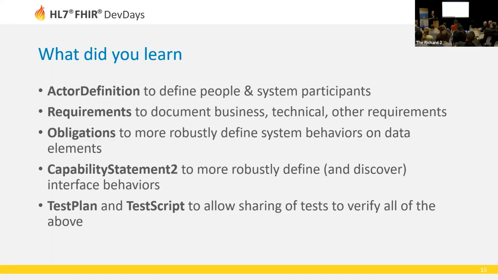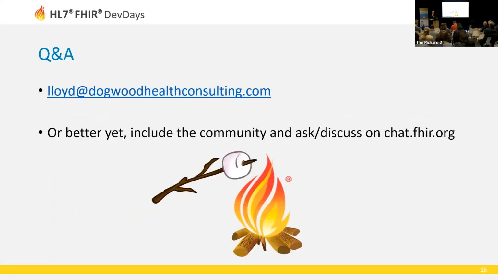Obligations is going to supersede MustSupport and gives us a much more robust mechanism of documenting what we expect systems to do. Capability statement gives us more robustness as well, but this is more about the interface behaviors. And then test plan and test script allow us to share test scripts between systems to verify that our systems are actually doing everything that we've defined.